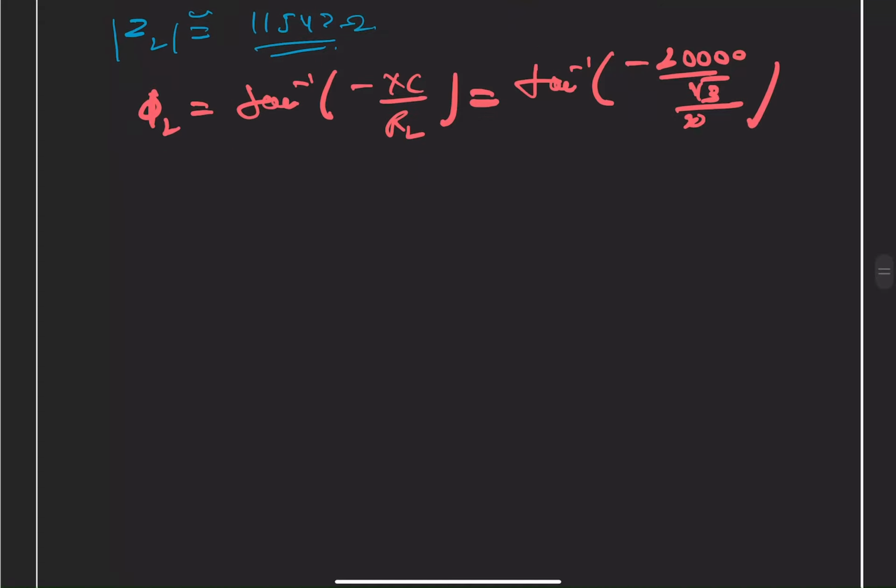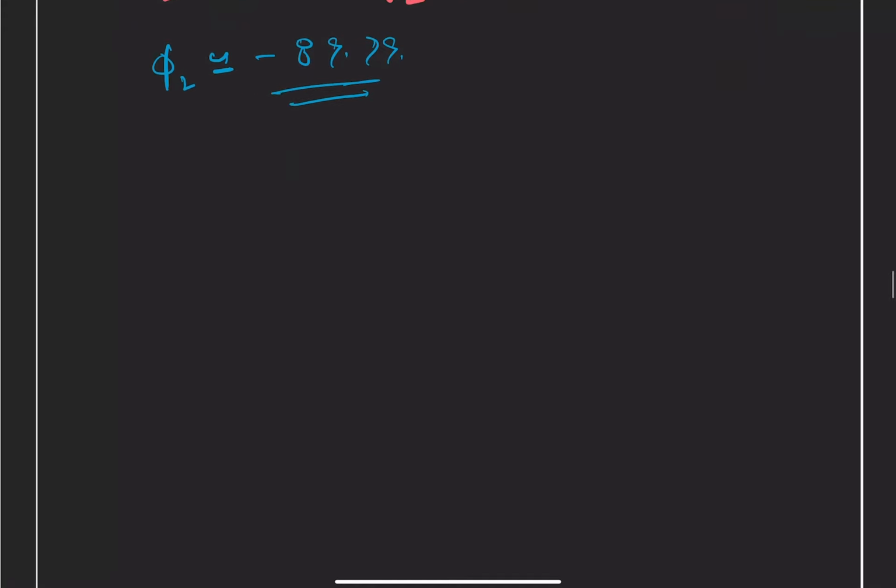So phi2 comes approximately equal to minus 89.99 degrees, and we are supposed to find the phase difference.